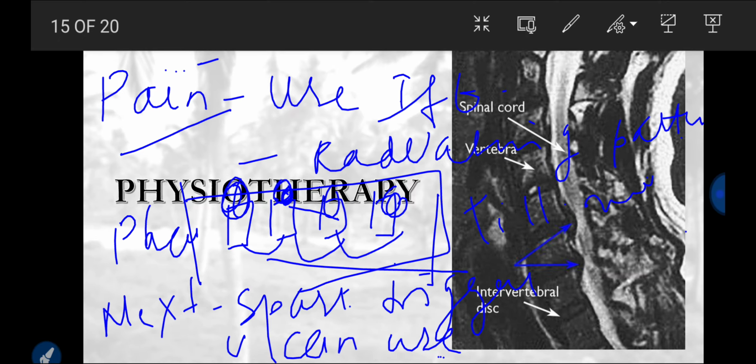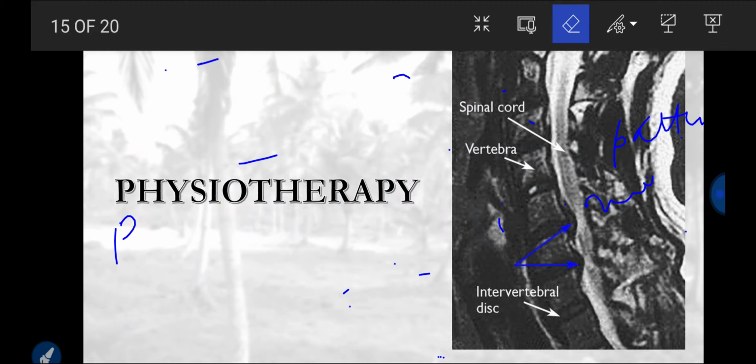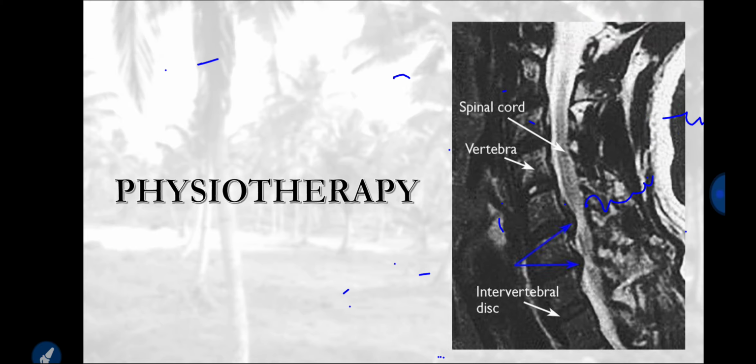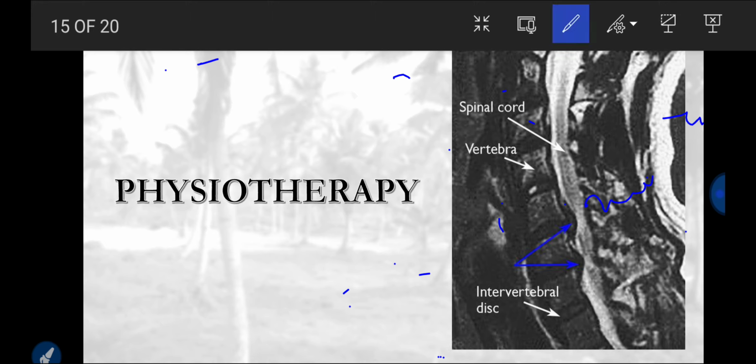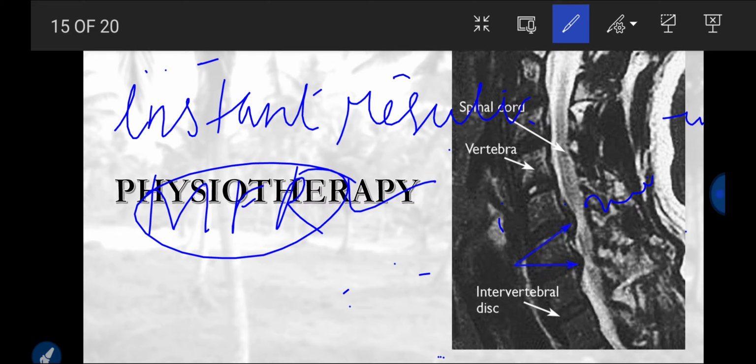Nowadays there are too many techniques, but if you are good enough doing myofascial release technique, then it's a very good technique for instant results. So myofascial release technique, you can use to release the trigger points. First find out the trigger point, then release.